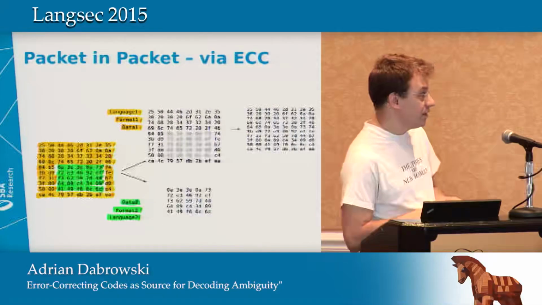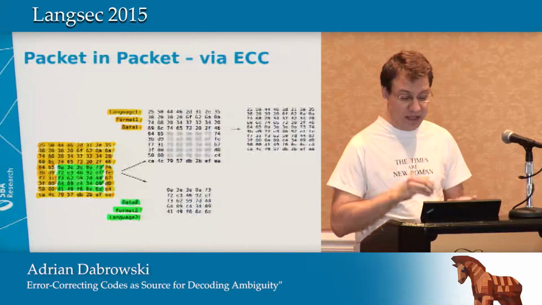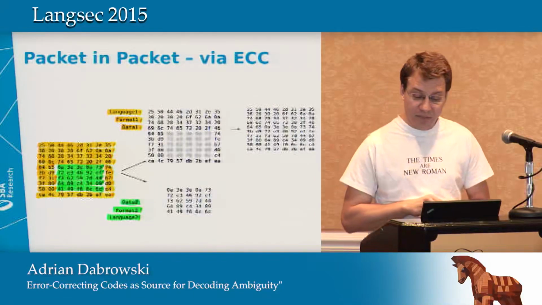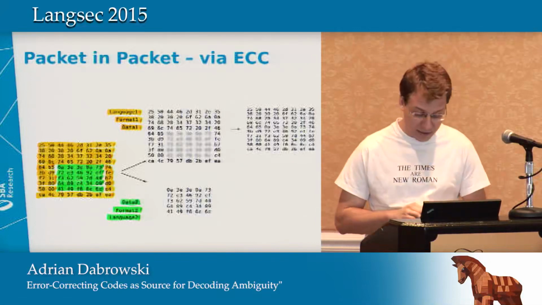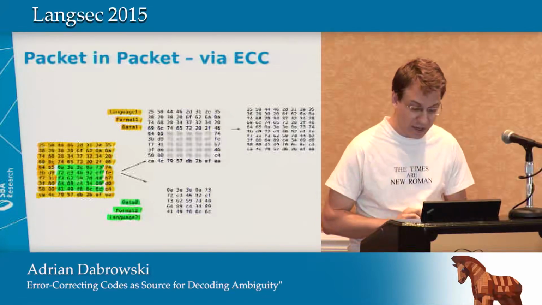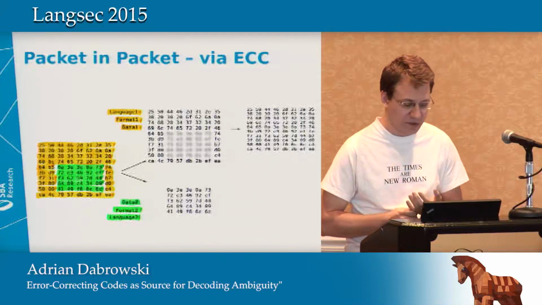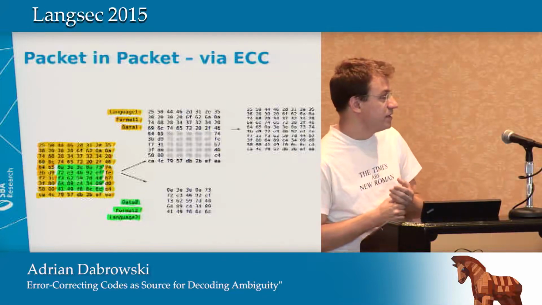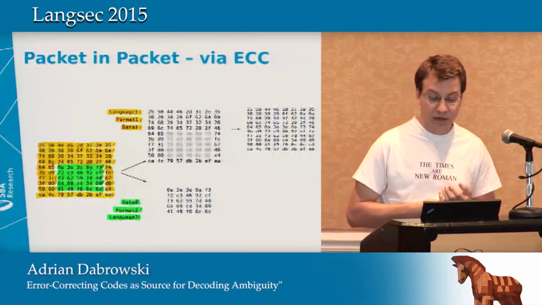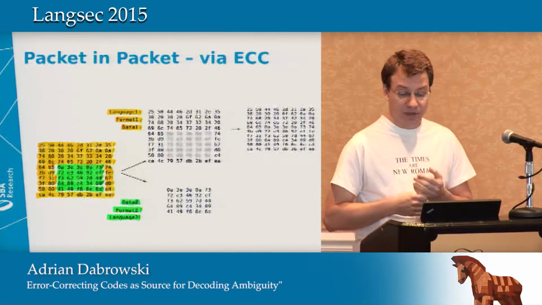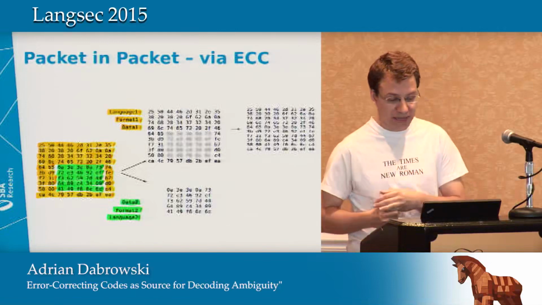On the other hand, the foreign data is still in this packet. The difference to, let's say, the packet-in-packet attack from Travis Goodspeed et al. is that in this case, we do not modify the user data. The user data after the error correction remains the same.